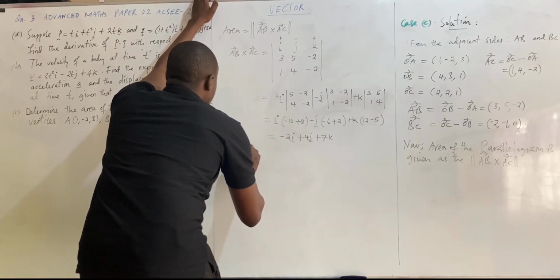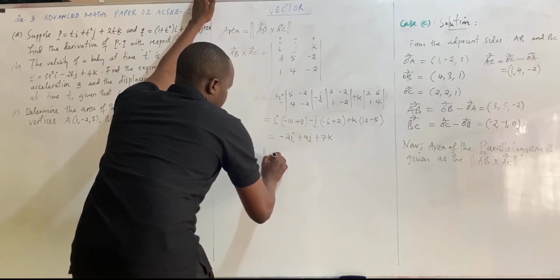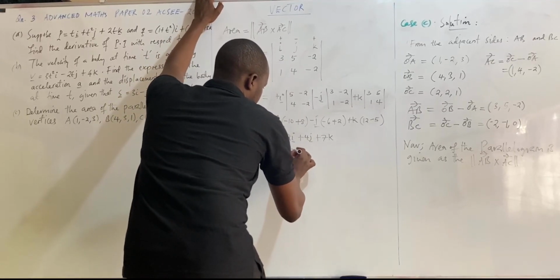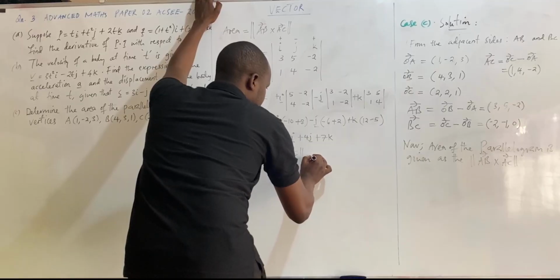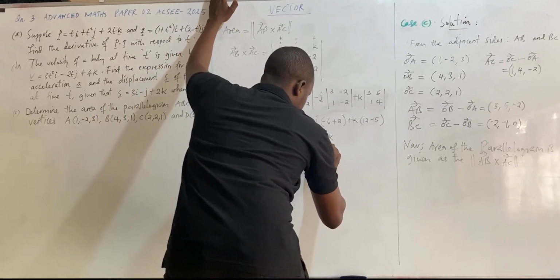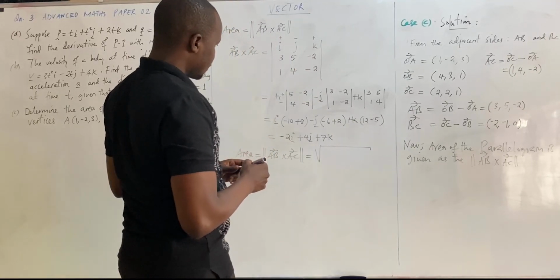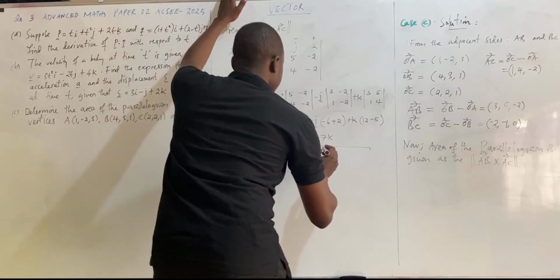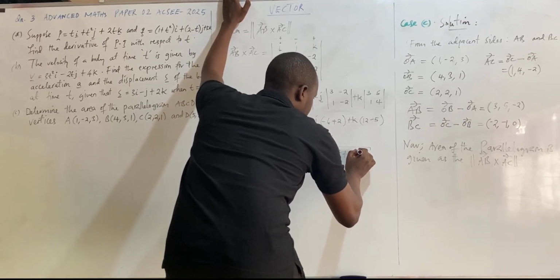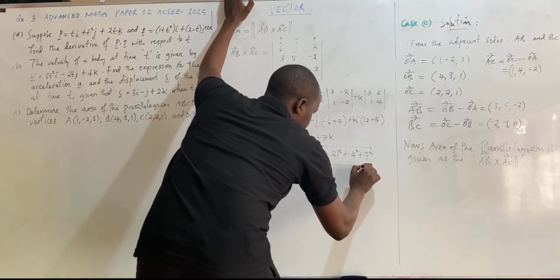Now we come to find the area of the parallelogram, which is the modulus of the cross product AC. So it's a matter of taking the square root of the values for x, y, and z, because this is a 3-dimensional vector. So it is negative 2 squared, plus 4 squared, plus 7 squared.